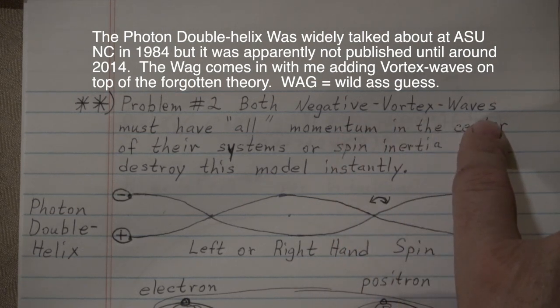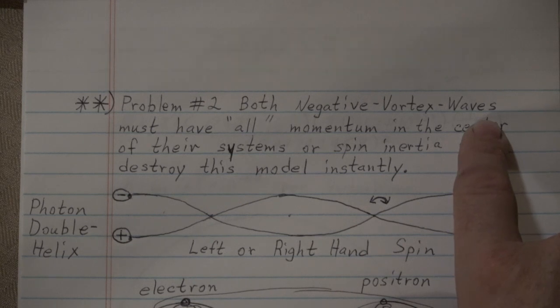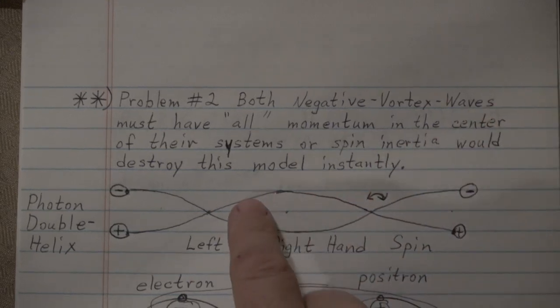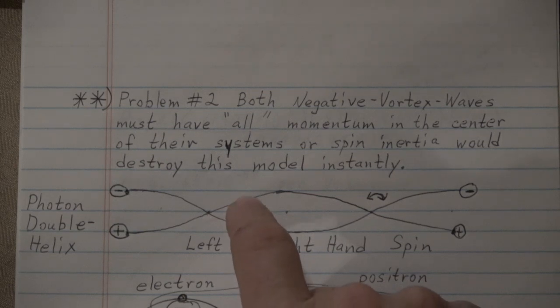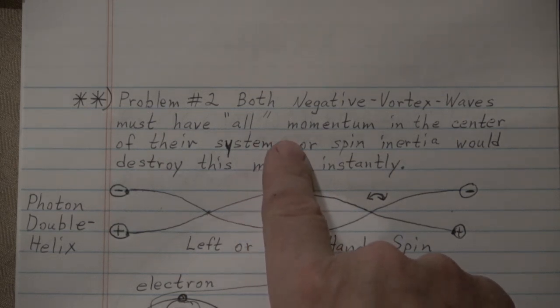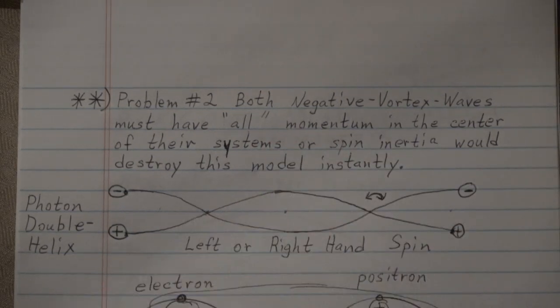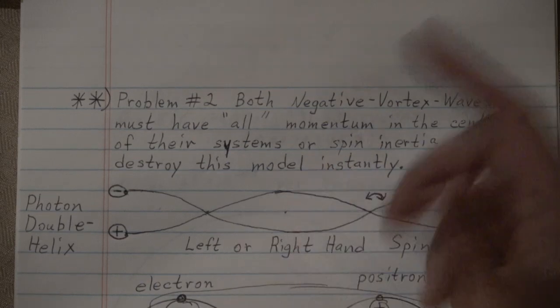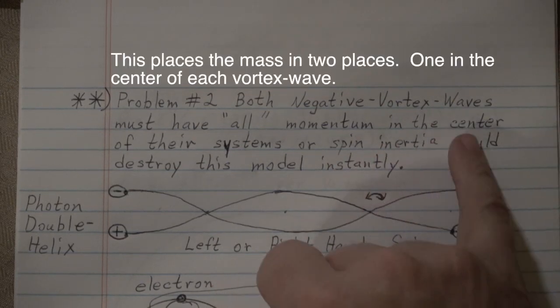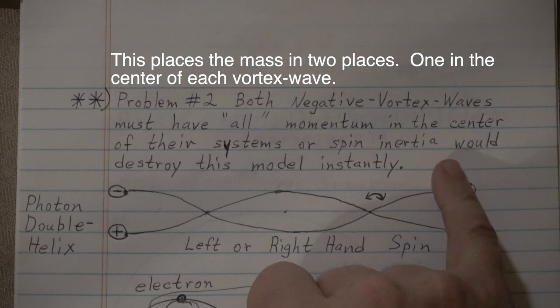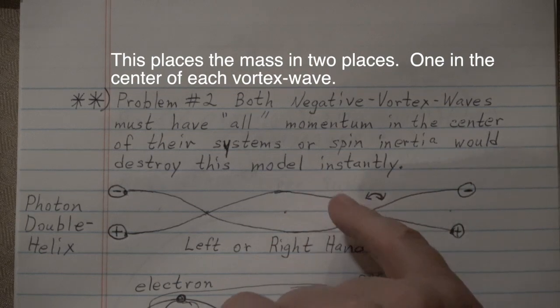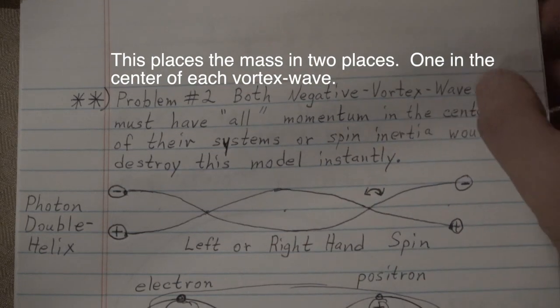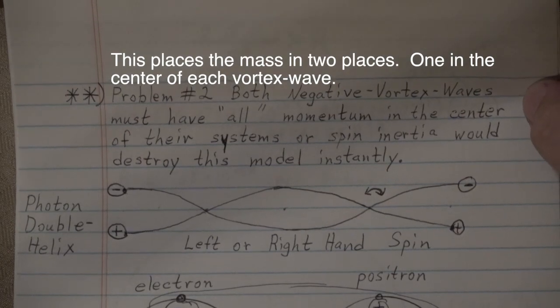I'm assuming that is a given in this particular paper, or in this particular rabbit hole that I'm chasing down. And I'm assuming a lot of things, so do be aware that I am just grasping at straws. Like I said, it puts the momentum in the very center of the system of inertia, or this model instantly falls apart.